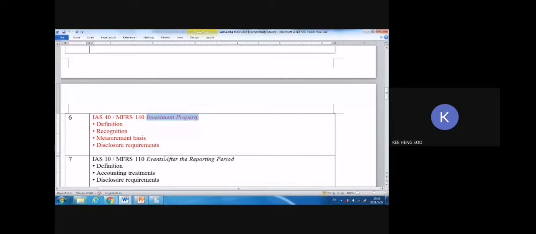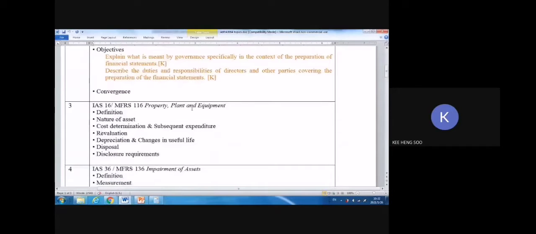When we cover investment property, you don't turn your notes here and there, you just look at my slide here. Investment property, IAS 40, you buy the shop lot, you buy the factory building. You are not going to use it. You let it to other people, you collect rental. That is called investment property under IAS number 40.